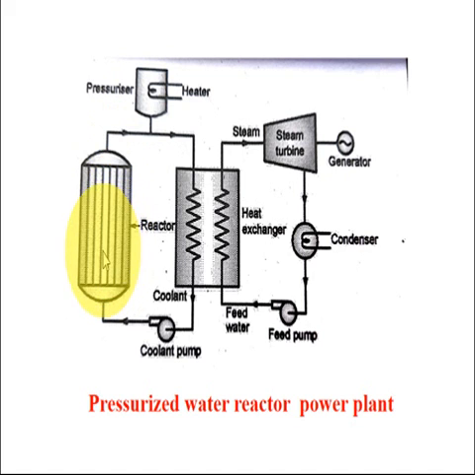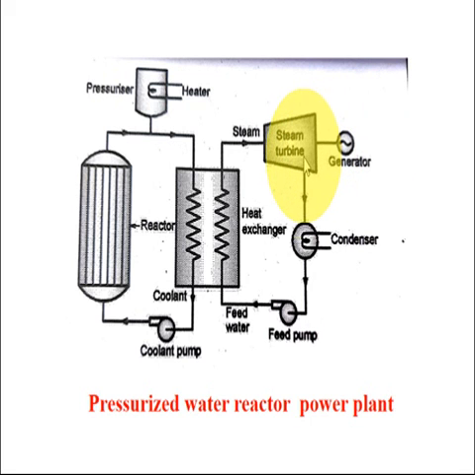Now the heat generated is absorbed by the heavy water, and that heavy water flows to this heat exchanger, where the heat of heavy water is transferred to the water, which is converted into steam, and that steam is passed into the steam turbine, where it expands and develops work, and with the help of that the generator is operated and electricity is produced.